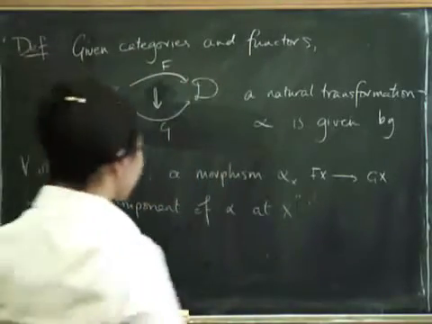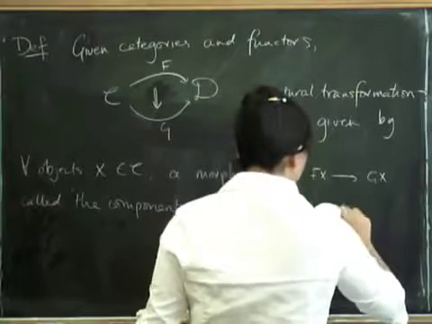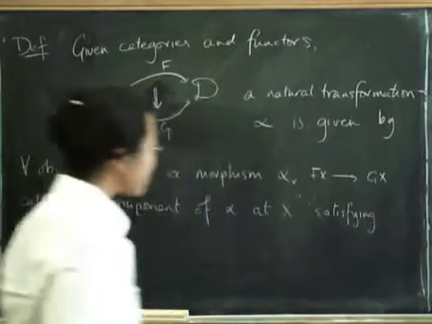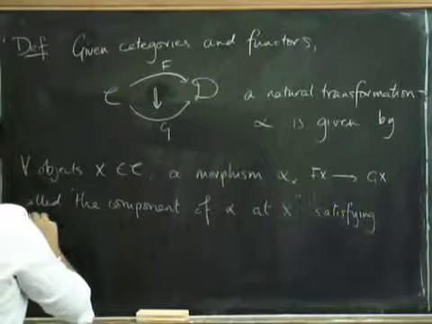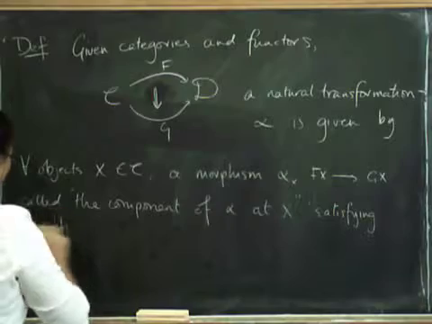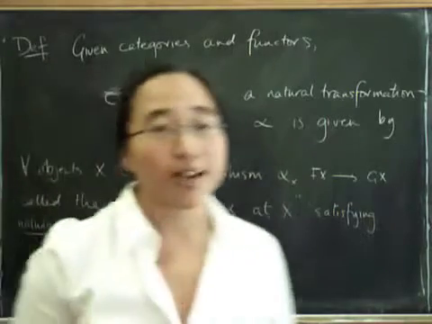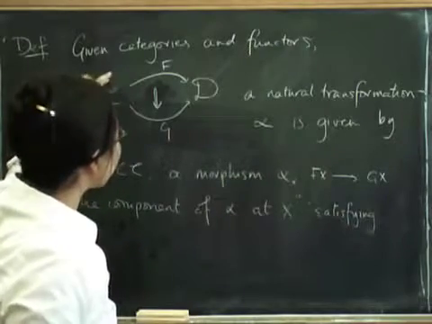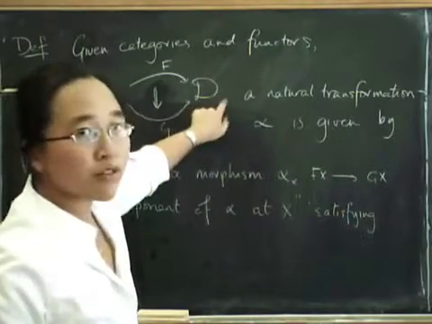And of course it's not just any old collection of morphisms like that. There has to be some axiom satisfying naturality. What does naturality say? Well, it says, given any morphism in C, something has to be true over here.